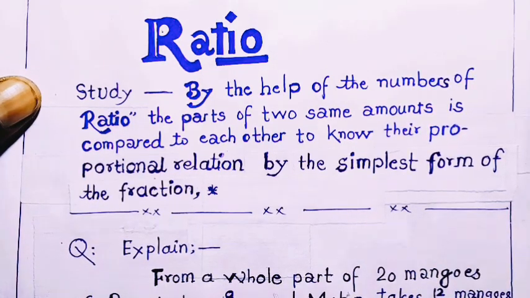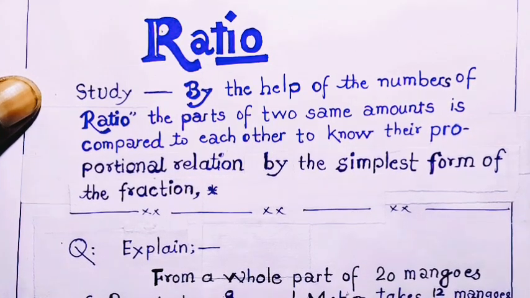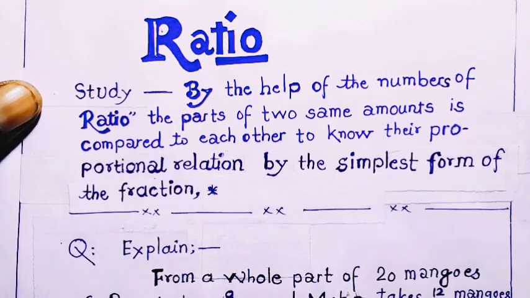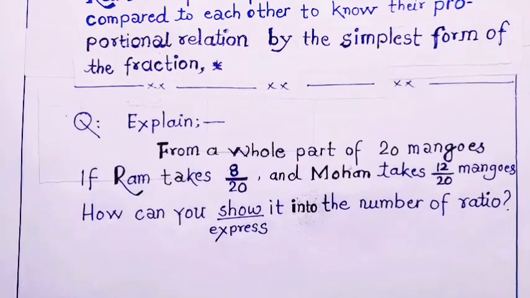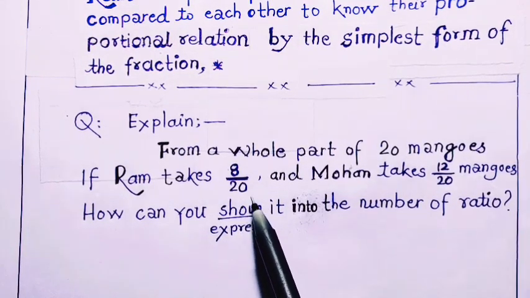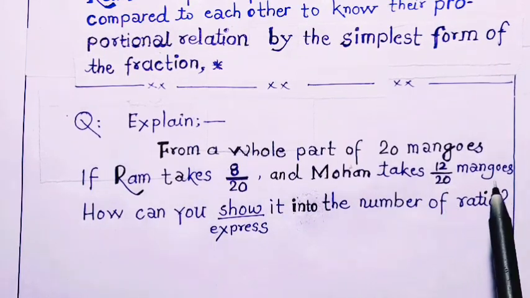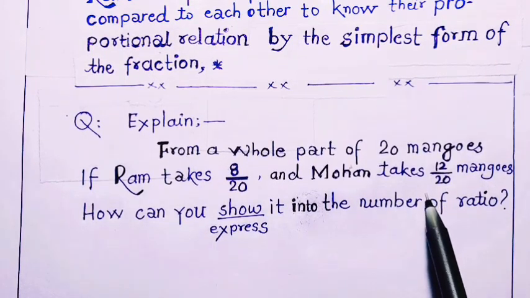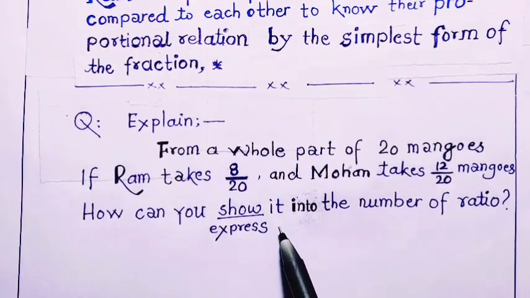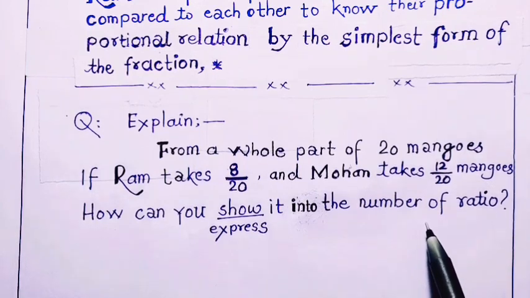And the question that has been asked is: from a whole part of 20 mangoes, if Ram takes 8 by 20 and Mohan takes 12 by 20 mangoes, then how can you express it in the number of ratio?